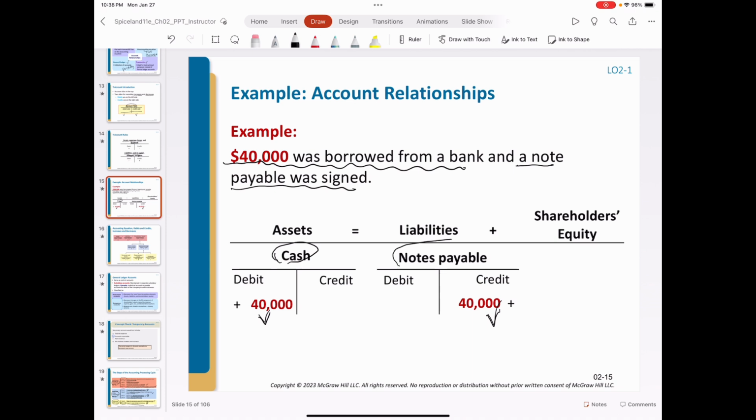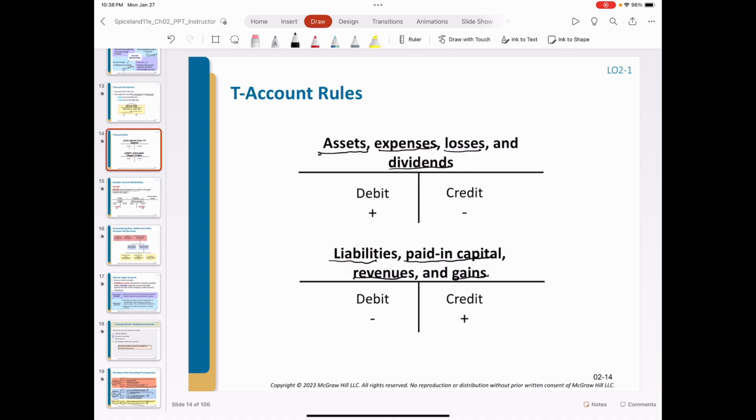While notes payable is a liability, we know a credit means liability increase. Okay, we are very close to the journal entries, but now we just get used to the meaning of debit and credit to different accounts. You need to visit this PowerPoint a lot of times.